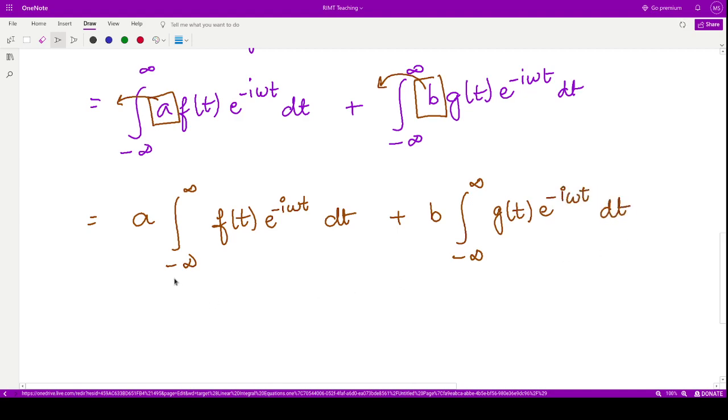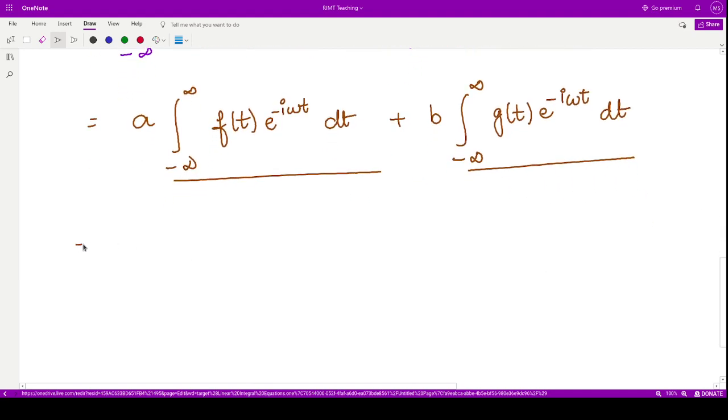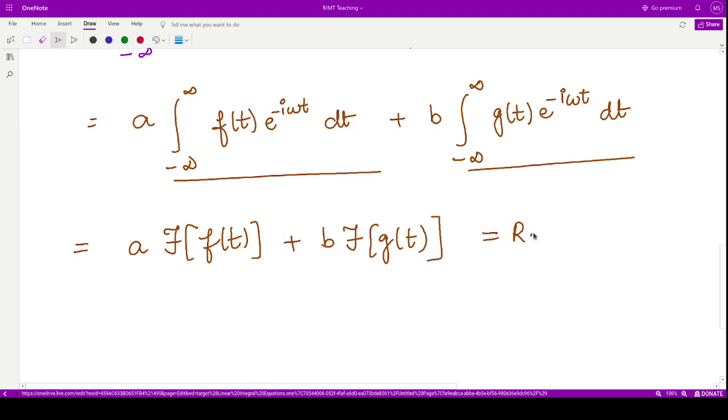Now look at this term and this term. They are nothing but the Fourier transforms. The first term is the Fourier transform of the function f of t, and the second term is the Fourier transform of the function g of t. So this is nothing but your right hand side. So you have proved that the Fourier transform is a linear operator.